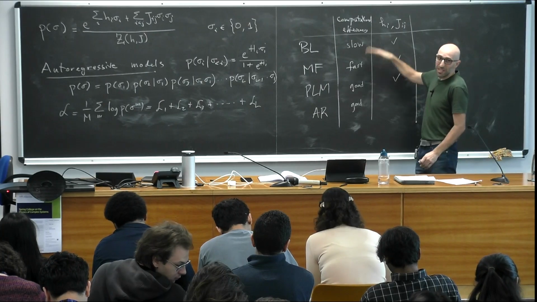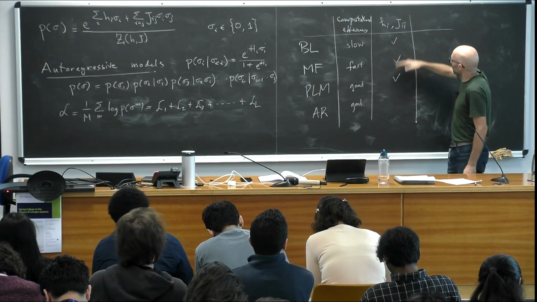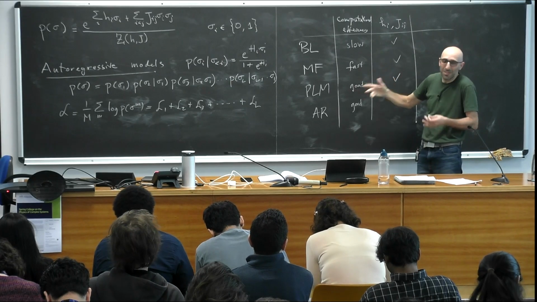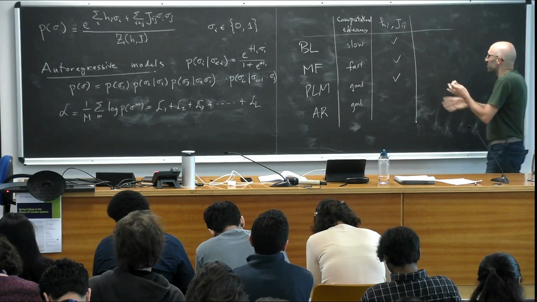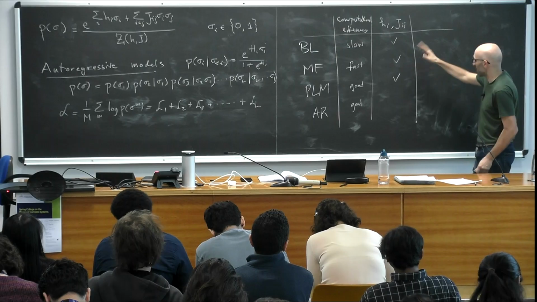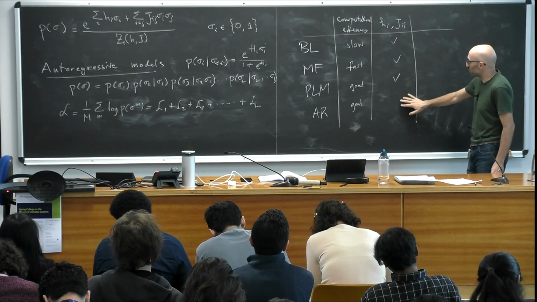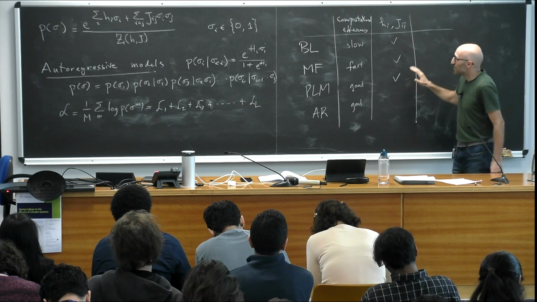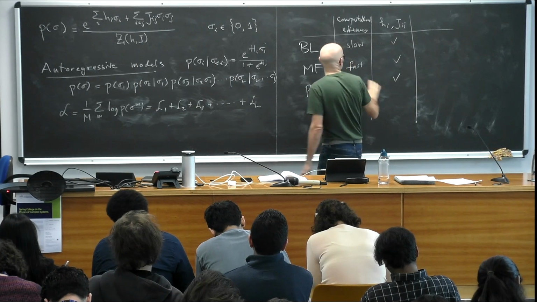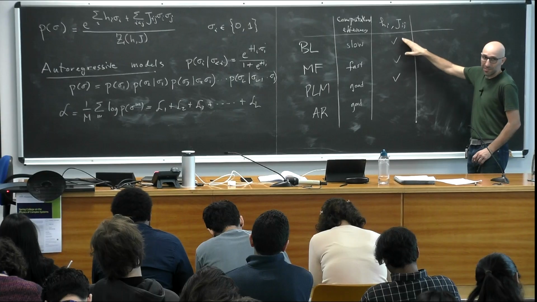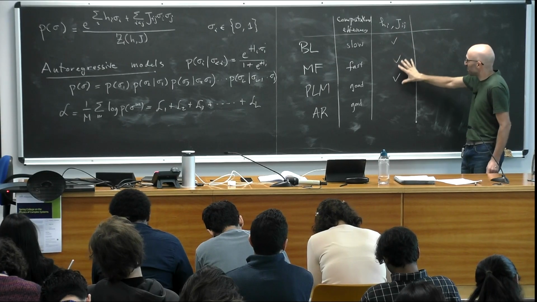You have good prediction of contacts from all of these methods. Pseudo-likelihood maximization is a bit better than mean field. You can discuss, but they are all good. From the autoregressive, it's a bit more complicated to interpret the couplings, because in these three schemes, you are really inferring a graphical model, even if this is exact and this is approximate.